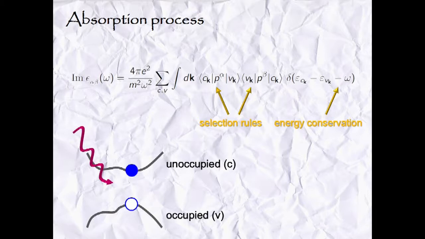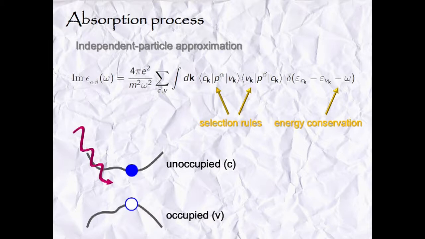And of course, we also have to sum over all the conduction and valence bands, or core states and conduction states, because transitions can happen between different bands. So far, so good. This is a very, let's say, simple expression. Still, of course, we don't know how we compute it, where our knowledge is coming from.